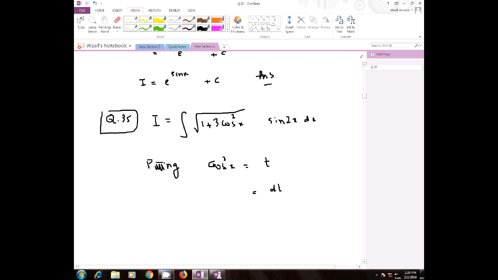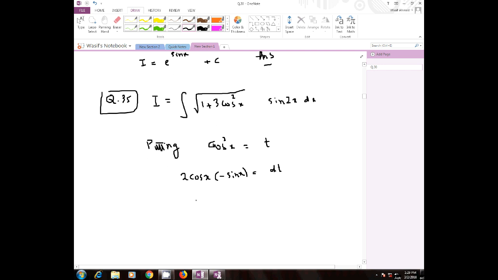so that dt is equal to, by the power rule, 2 times cos x multiplied with minus sin x. So this means that minus 2 times sin x cos x is equal to dt, that is minus sine 2x dx is equal to dt.